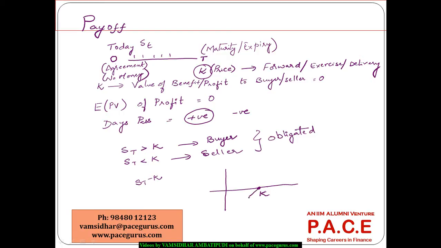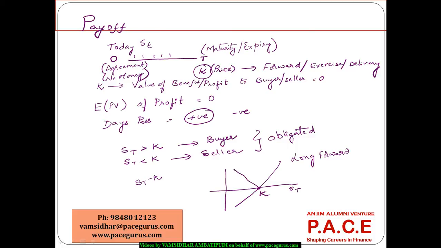This is the payoff from a long forward position. At the market price ST, the price at time T, if it is equal to K, then there is no profit, no loss. If ST is greater than K, he is going to make a profit. If ST is less than K, he is going to make a loss.